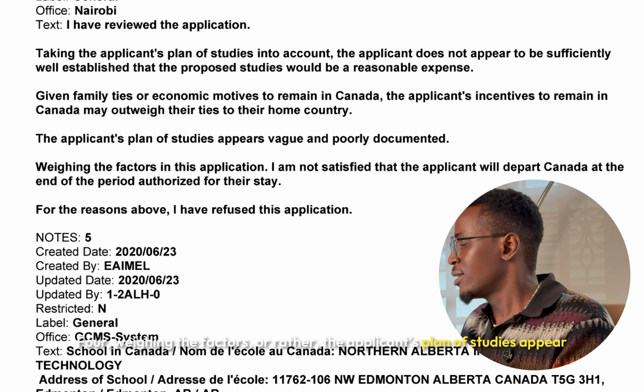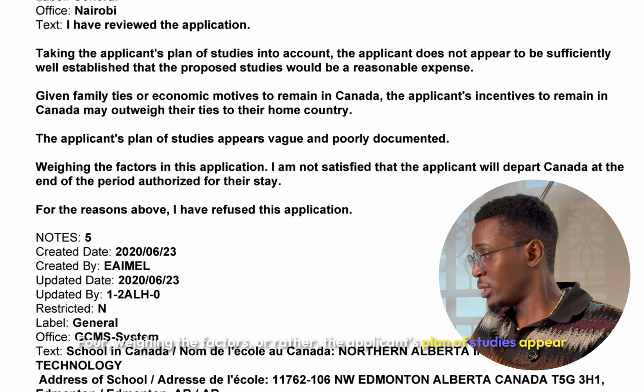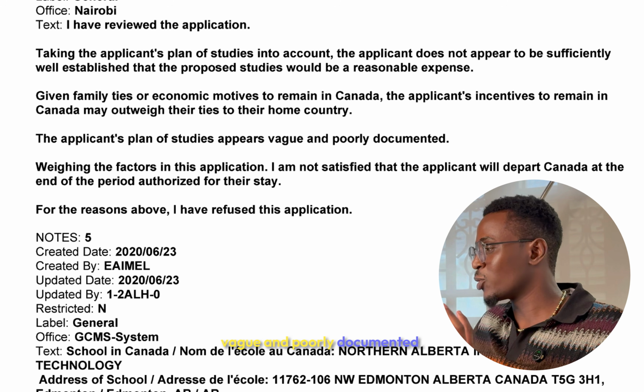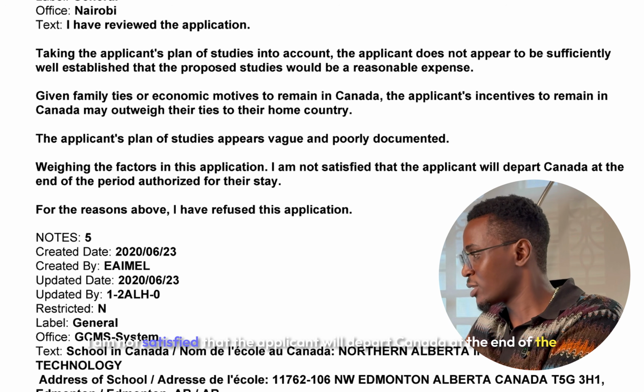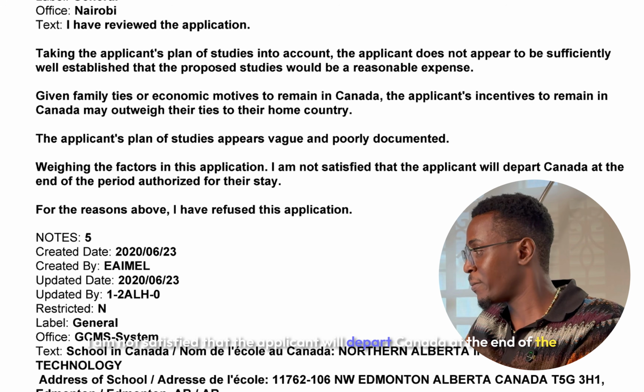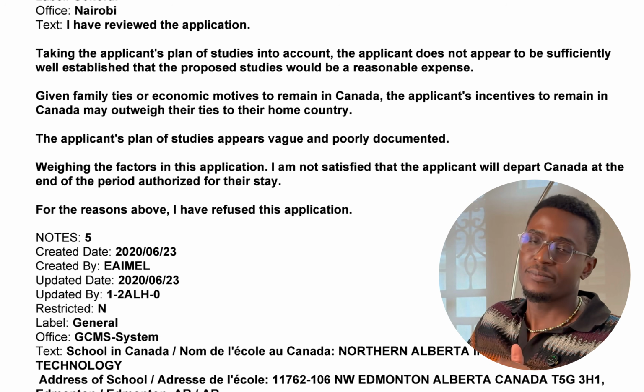Four, weighing the factors, the applicant's plan of studies appears vague and poorly documented. Weighing these factors in the application, I am not satisfied that the applicant will depart Canada at the end of the period of their authorized stay.